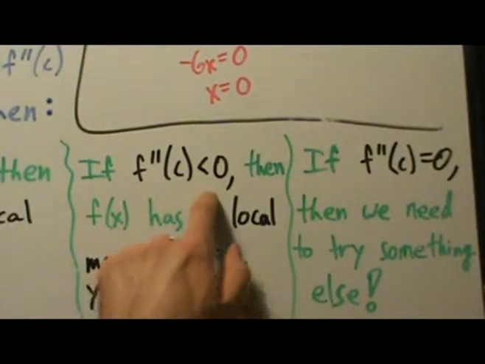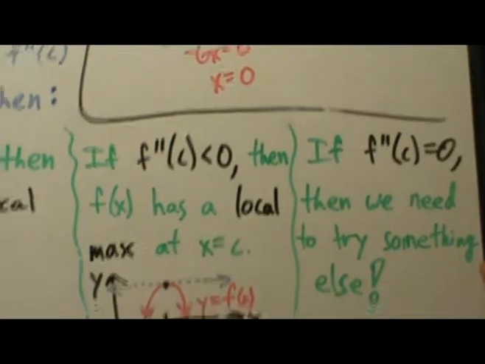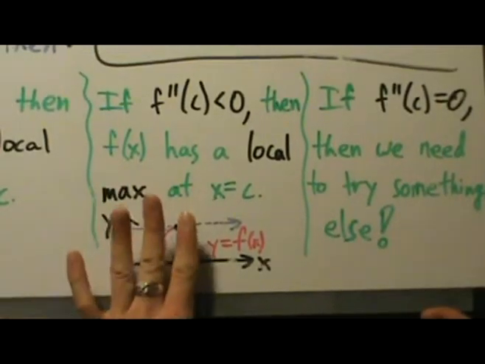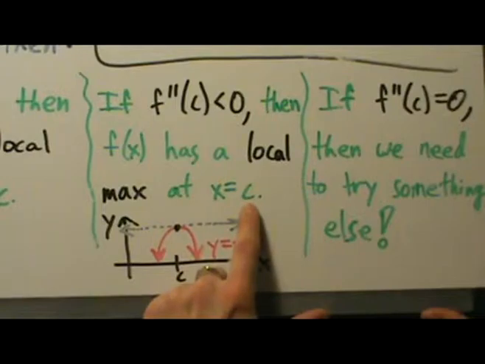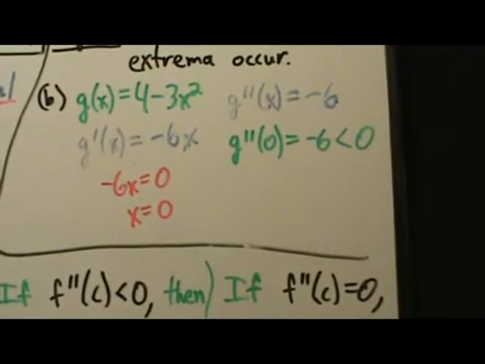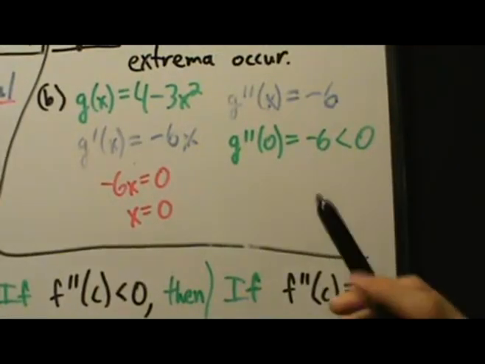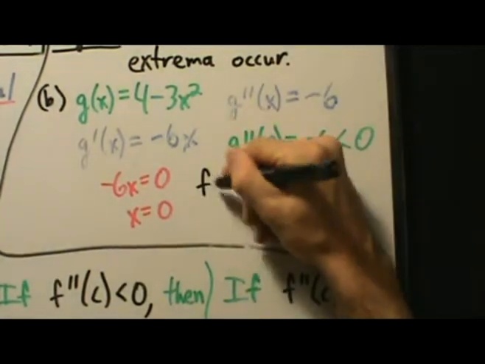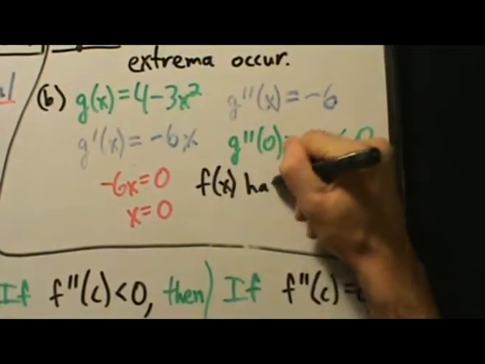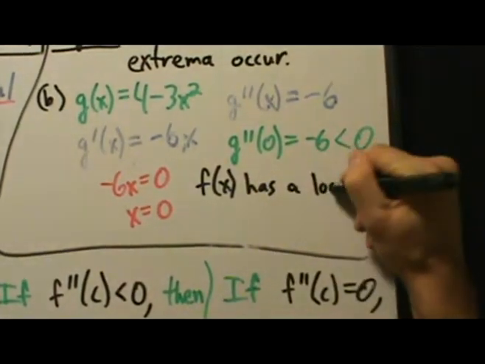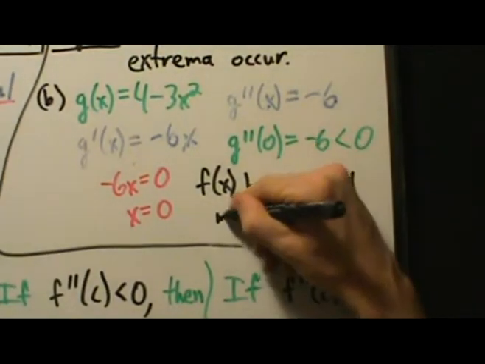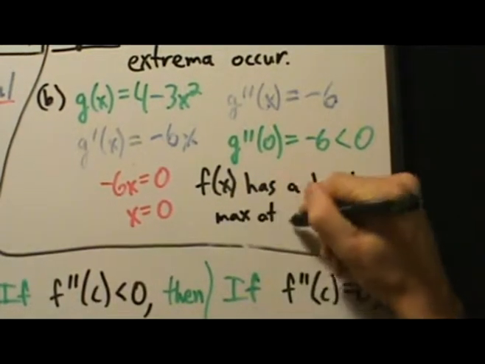The second derivative is negative, so that tells us the original function has a local max at x equals c, and in our case c is 0. So the second derivative test tells us that the original function has a local max at x equals 0.